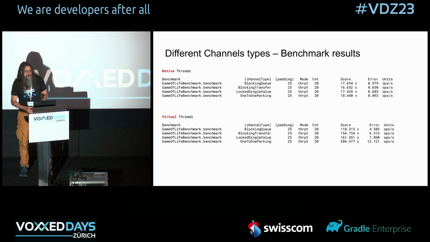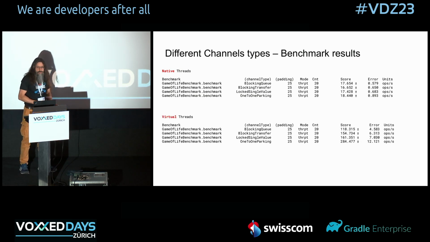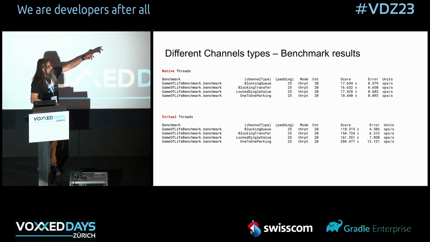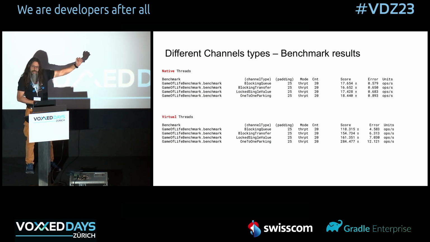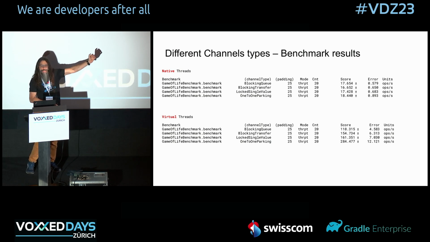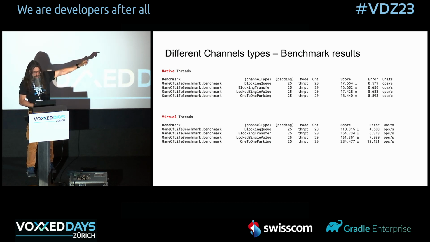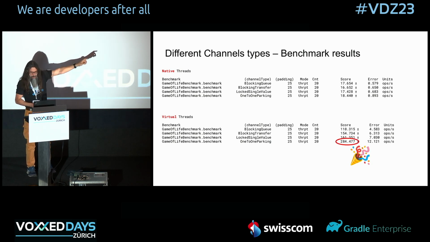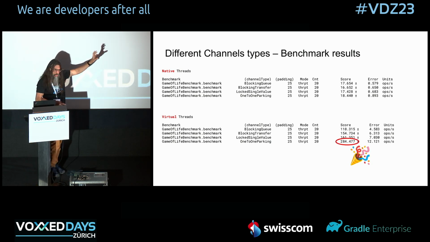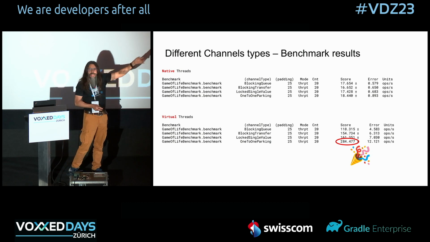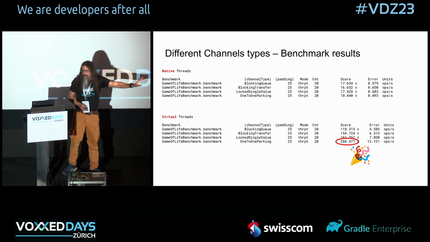But if we look at what happens with virtual threads, you see the blocking queue, you see things a little better with the blocking transfer, you see things are still a little better with my data structure that only carries one value at a time. But the data structure made by my colleague Francesco is super fast. It's more than 2.5 times faster than the original implementation.